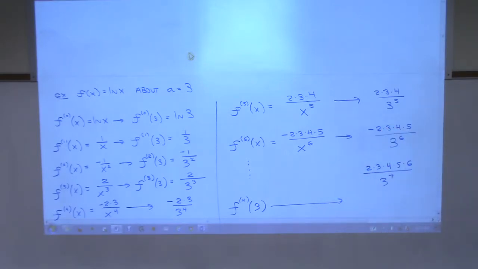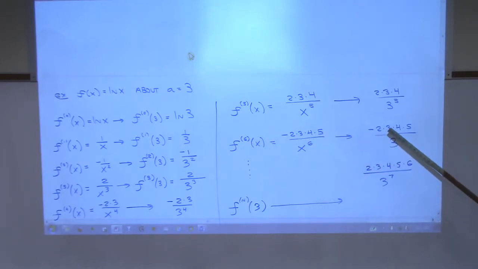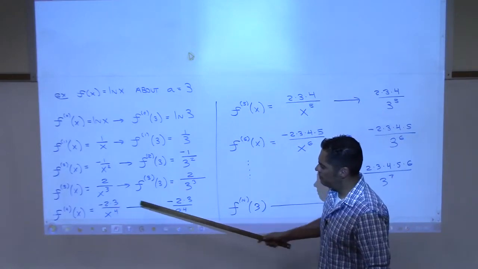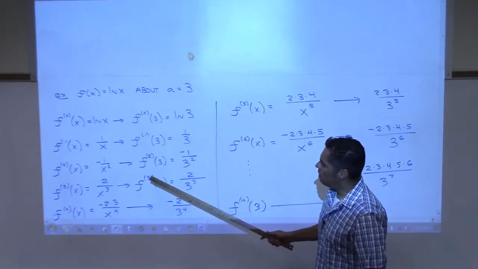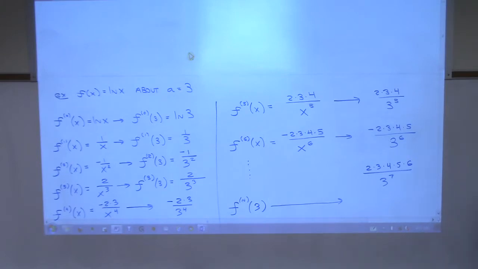Yeah, so here's where we have to pick up the pattern. The sixth derivative gives me a negative, the fifth derivative, positive, the fourth derivative, negative. So it looks like we're alternating: positive, negative, positive, negative. We can take care of that.